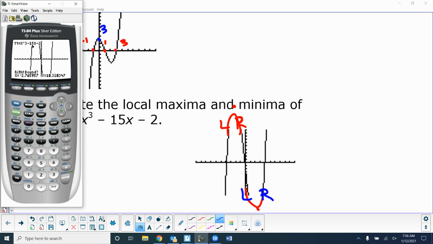Then it's going to ask me for right bound. So I'm going to hit my right arrow key. It's going to go up, these numbers, and then it'll start coming down again. So then I'll know I'm to the right of it. So 19, 20, 20, 19, 18, it's coming down. So hit enter twice now, and it'll give us that point. Negative 2.2 and 20.4.